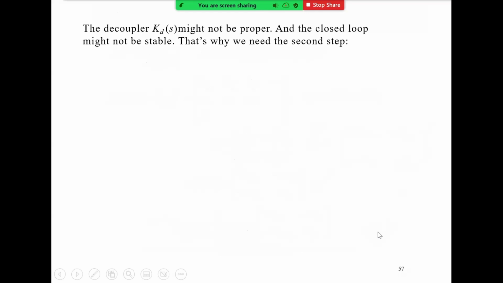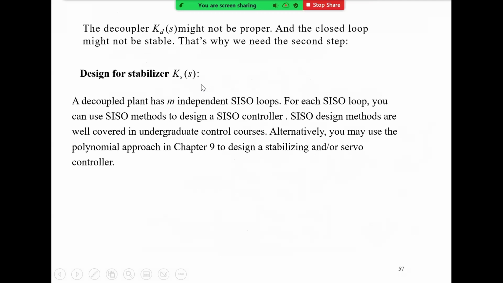Okay, if we follow that way, then the decoupler may not be proper. That's why we need the second step. So we need to design a stabilizer. Once it is decoupled, for each channel we design a single input, single output loop. How do you stabilize a single input, single output system?